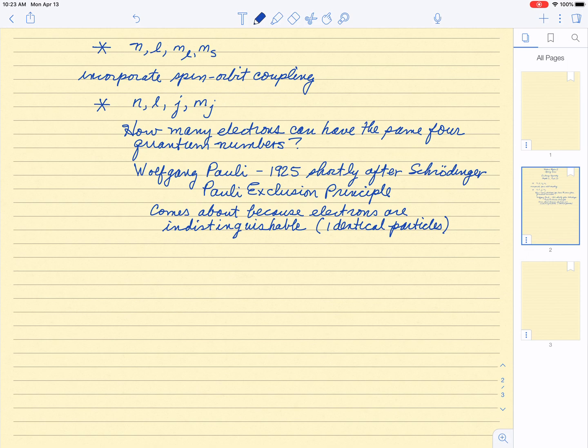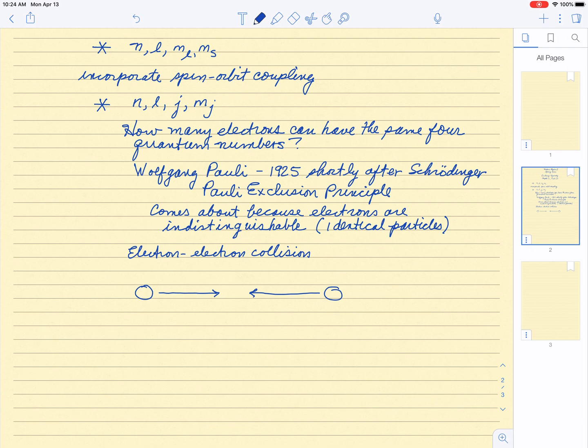So let's take a look at an electron-electron collision. Imagine we have an electron here and an electron here, and they're going to collide. Glancing collision, it's not a head-on collision, and so this electron's going to come in here, and this electron's going to come in here, and they're going to quote-unquote collide.